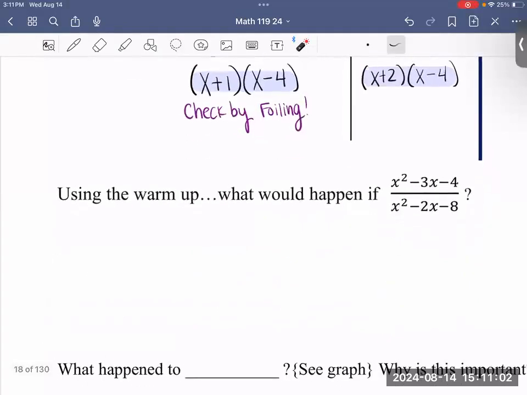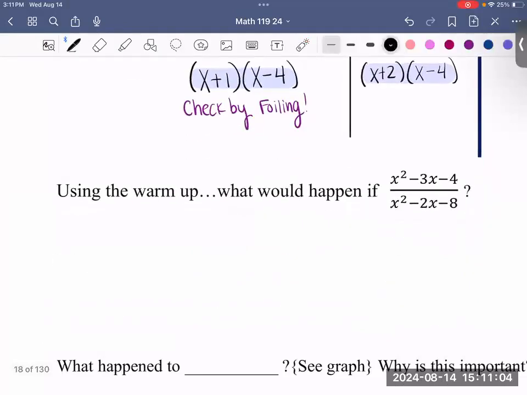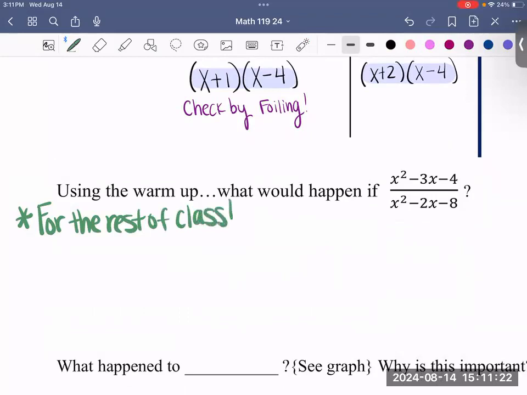So from here on out, when you see any polynomial, for the rest of class, I mean like the whole course, we're going to factor.